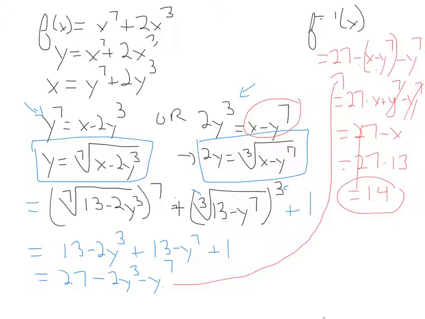The big clue was in looking at the second part where it said evaluate the inverse at 13 to the 7th plus 2 times the inverse at 13 cubed. I knew when I started rearranging this, when I got this one and this one, that that's exactly what I needed to do was to substitute those in to that particular equation because it was going to work out nicely. That's why it was written like that.